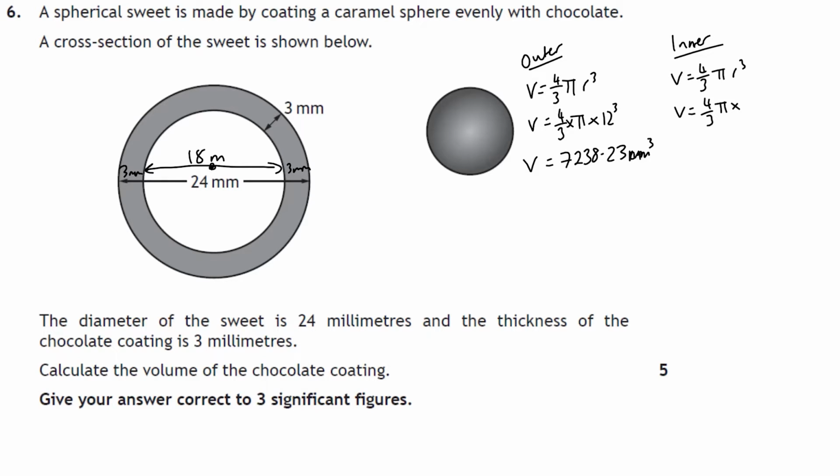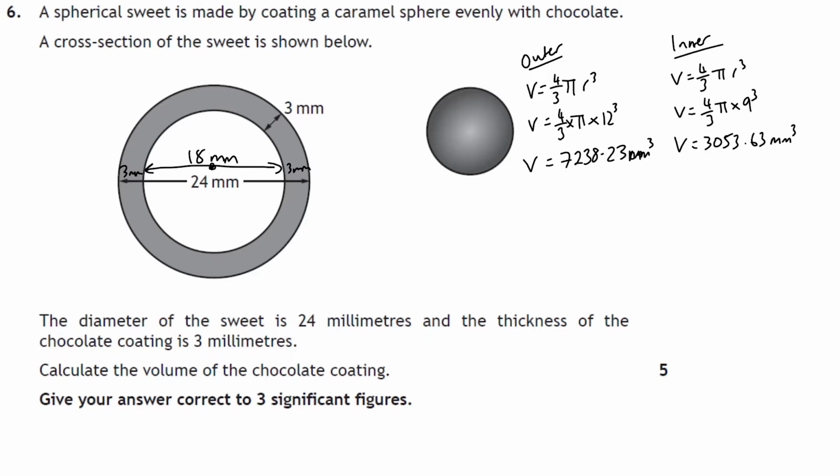And if we split that in half for the radius, we've got a 9 millimeter radius, so times 9 cubed. And again, we just type that into a calculator, so 4 divided by 3 times pi times 9 cubed, and that should give you 3053.63 millimeters cubed.